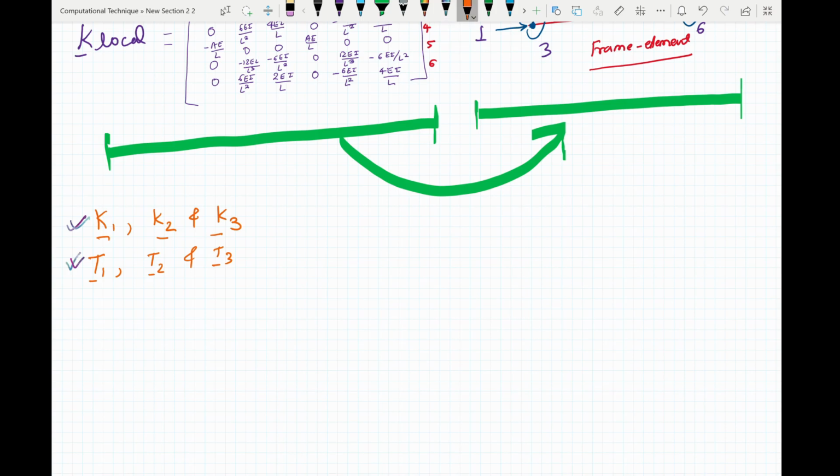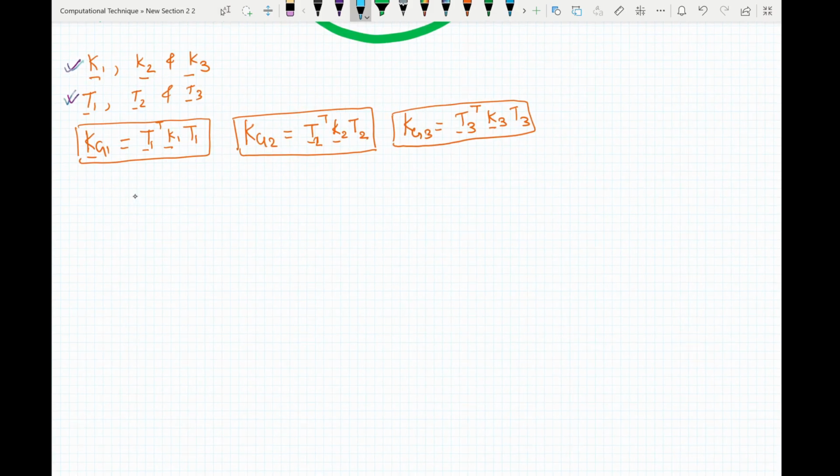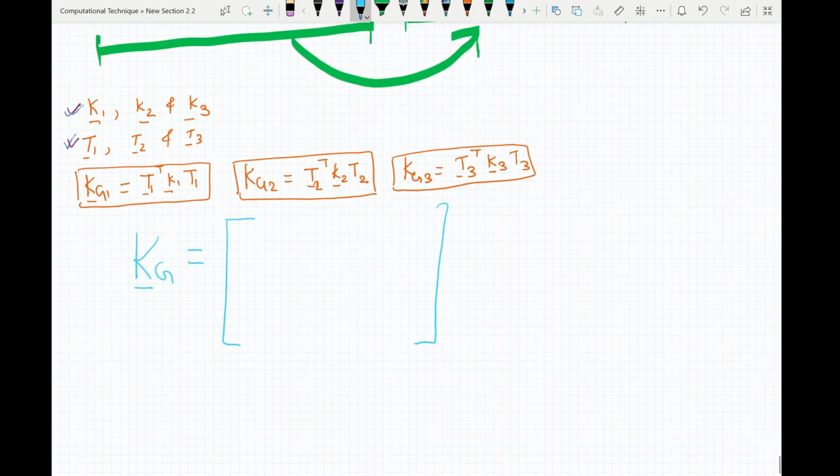Now what you have to do is find the global stiffness matrices for each of the elements. Then you have to add them together to form the one huge global stiffness matrix for the whole system depending upon the degrees of freedom.